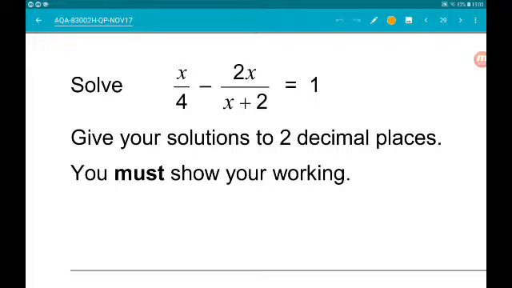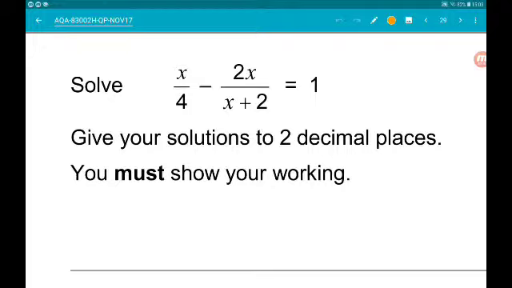Giving your answer or solutions to 2 decimal places, we must show our working. So there's a good hint in there that this is going to turn into quadratics because it says giving our solutions to 2 decimal places.